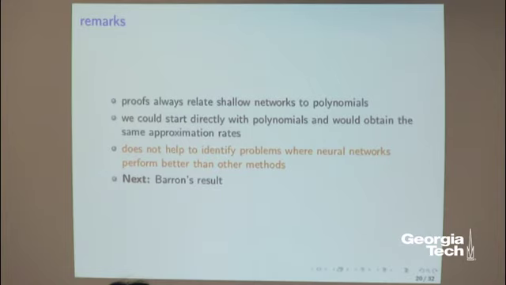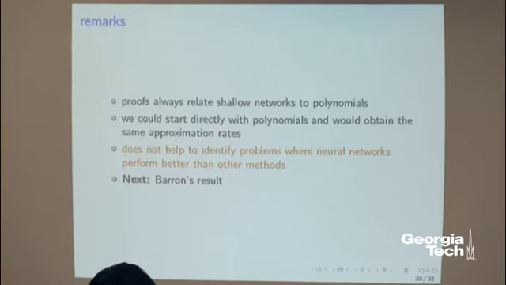Right. Okay, so what you can criticize about all these proofs is that they always first go to polynomials, and then they use essentially polynomials in order to get the approximation rate. So you could say, well, instead of shallow networks, we could have started directly with polynomials because it's just a great thing. Why should we do an extra step and do these activation functions?